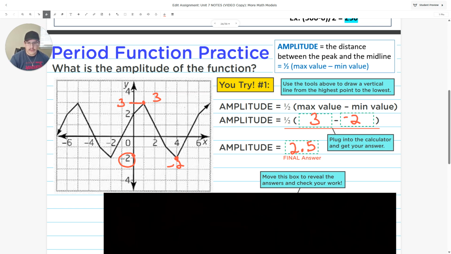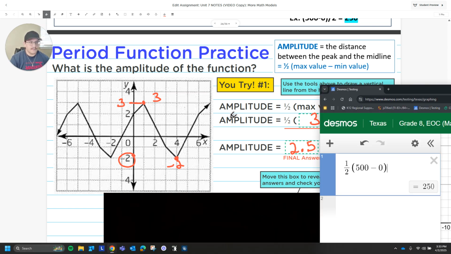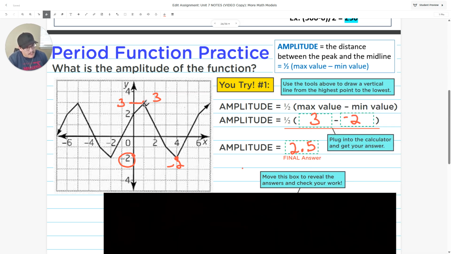Now I'm going to show you all using Desmos. 1/2 of 3 minus -2 is 2.5. Meaning if I want to get to the midline, I'm going to have to go 2.5 to create that midline.